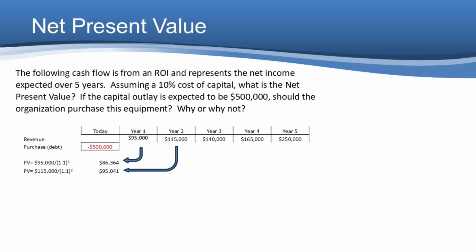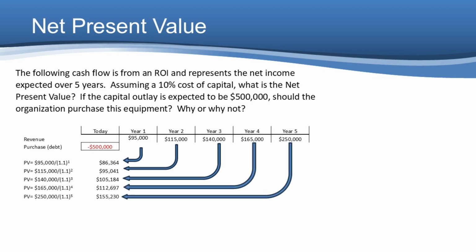In year 2, the assumed income is $115,000. Using the same 10% capital rate, I divide $115,000 by 1.1, raised to the power of 2 for year 2, resulting in a present value of $95,041.